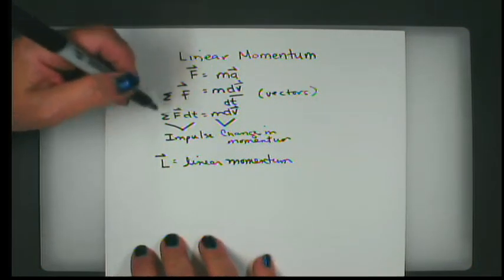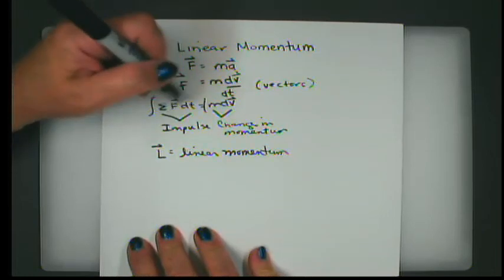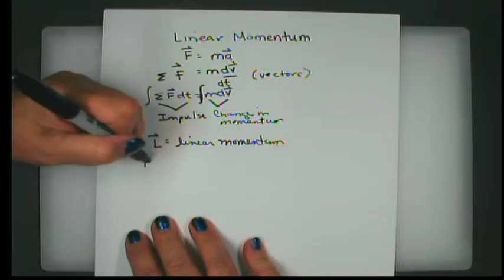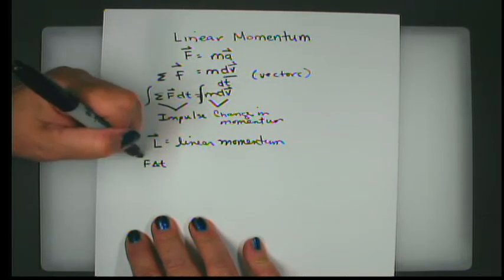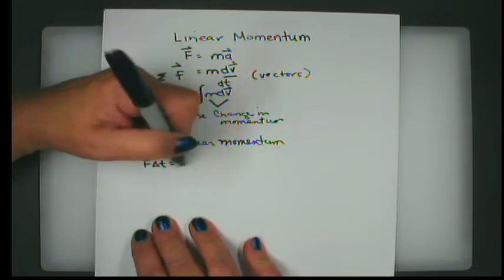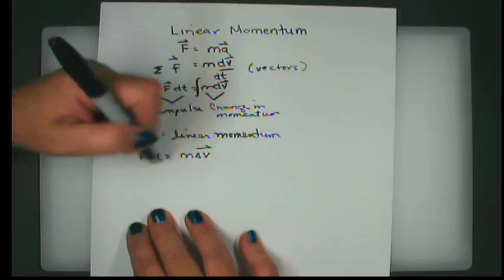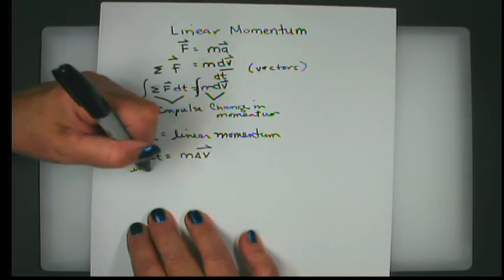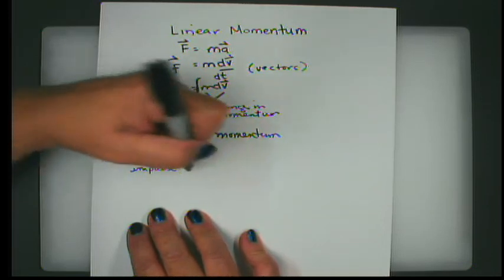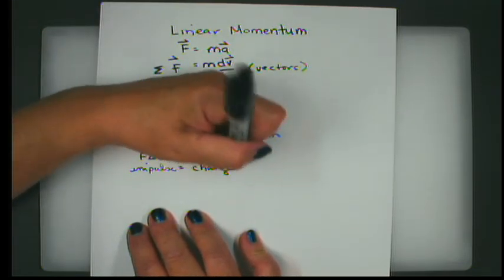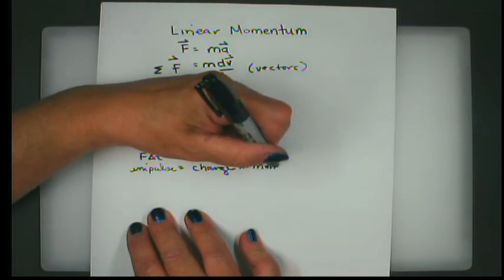If we integrate both sides of this equation, and if mass is constant, we can say that F delta t is equal to m delta V, or we can say that impulse is equal to change in momentum.